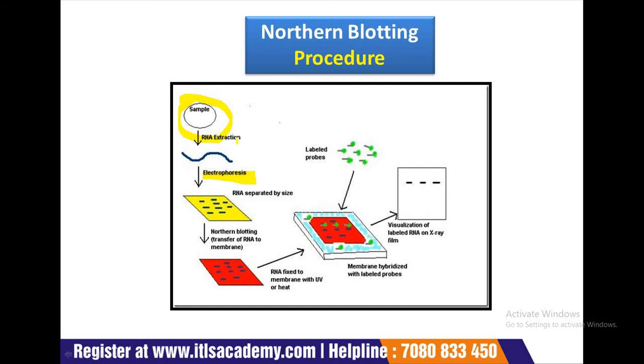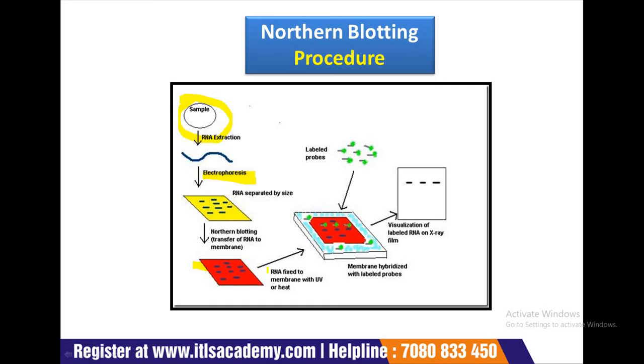Here is the RNA extracted, and then the extracted RNA is used for detection by electrophoresis. Then the separated RNA sequence is transferred to the nylon membrane. This is done by two mechanisms, capillary action and ionic interaction.